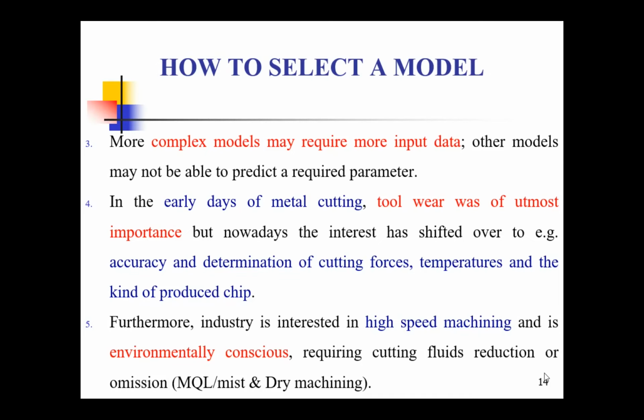Apart from this, we can supply cryogenic materials at low temperatures, like liquid nitrogen and carbon dioxide. These are called cryogenic machining. Then comes mist cooling or MQL cooling, that is minimum quantity lubrication, where air is blown with some external pressure and droplets of cutting fluid are made to pass through it, so it becomes a mist cooling.